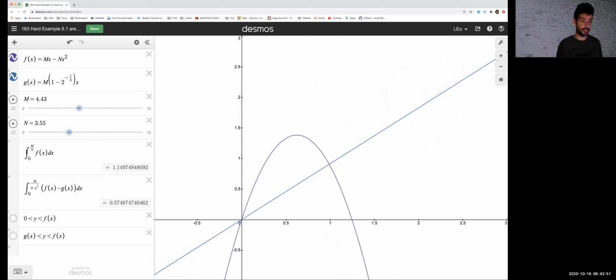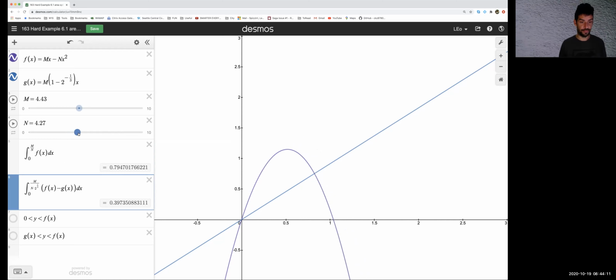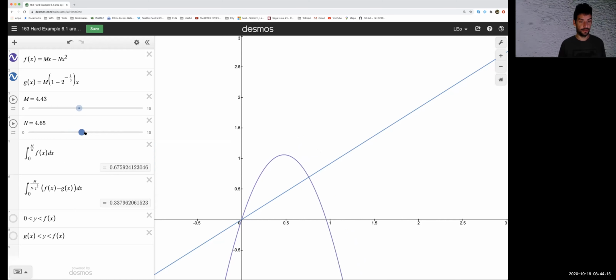Oh yeah, and notice these two boxes: the top box is the total area under the purple curve, but the second integral is the half area in the top half. And you'll see that as I shift these numbers, the bottom one is always half the top one.